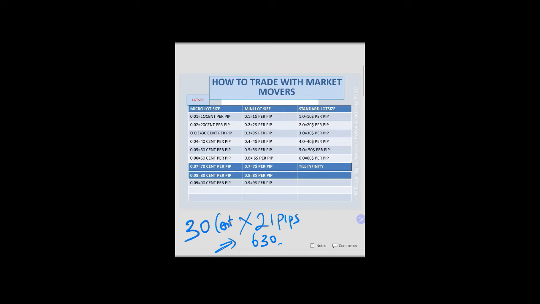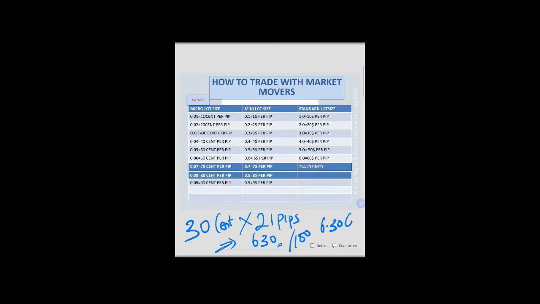Because I'm still on the cent version, I'm going to divide by 100. So divided by 100, I have $6.30. That's what I'll have, $6.30.